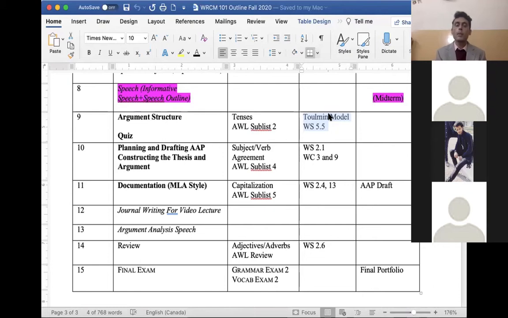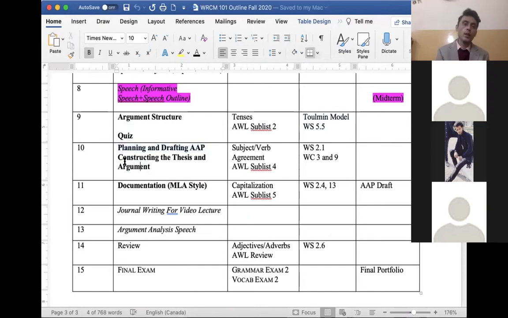Now, after having understood that, we need to move on to week 10 and this part of the lesson, planning and drafting AAP, constructing the thesis and argument. Today, we are just going to cover this part, planning and drafting AAP: how to plan it, how to draft it.